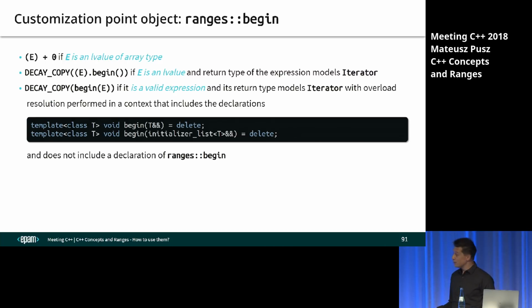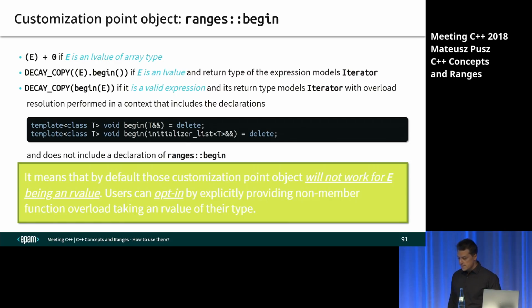It is being done with an interesting overload resolution here. We basically remove here the support for temporaries. The user can opt in for supporting temporaries or values for types that are fine with that. So for example, string view or other views are fine because when they expire, iterators provided by them are still valid.